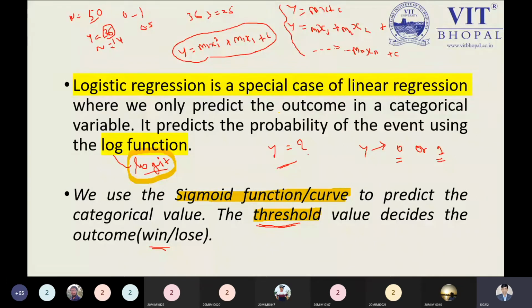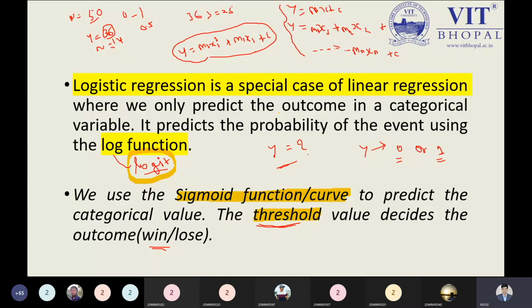But in this case, we have to use a function that is known as a log function. We will not define the log function or use anything in our code; whatever we are getting, it defines the log function automatically.